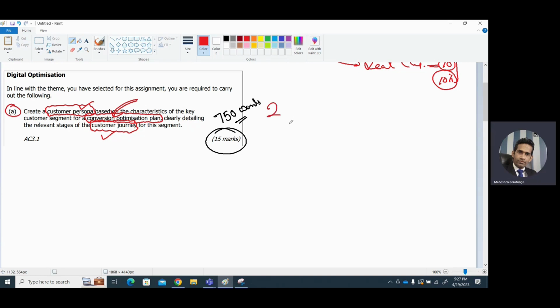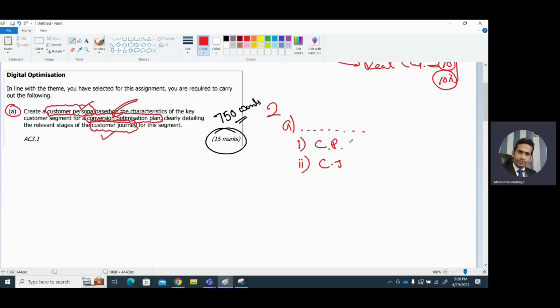So task 2, part A: you need to have a main heading for part A. You can have, for example, identifying the customer persona and the journey for digital optimization. In that coverage, you have one area allocated for a detailed customer persona. That is one area you have to address. The other area you have to address is the customer journey.